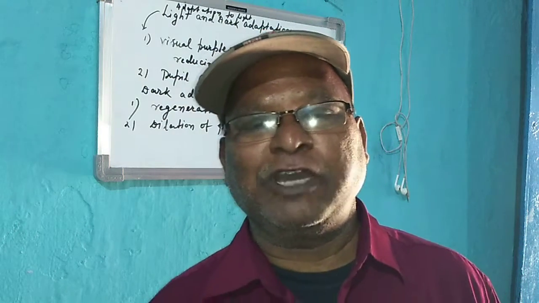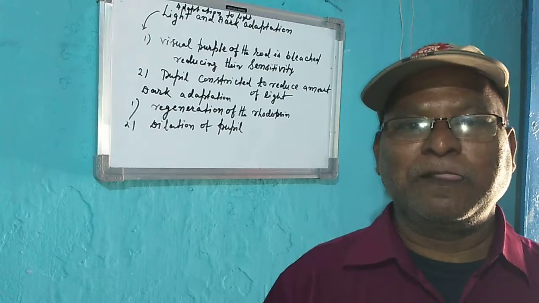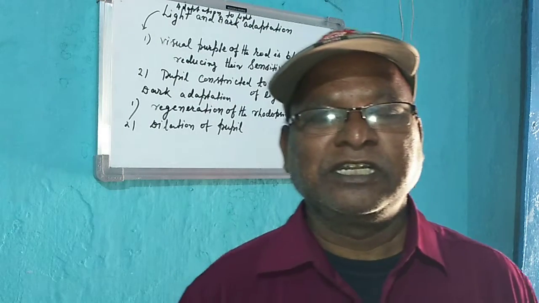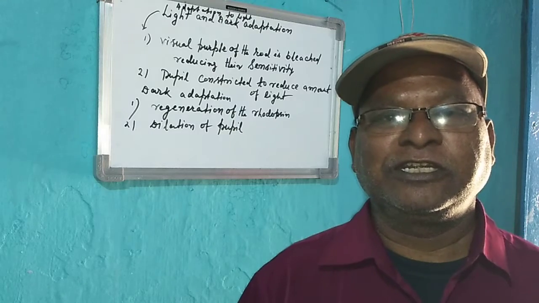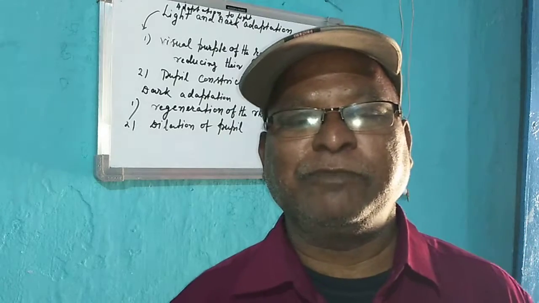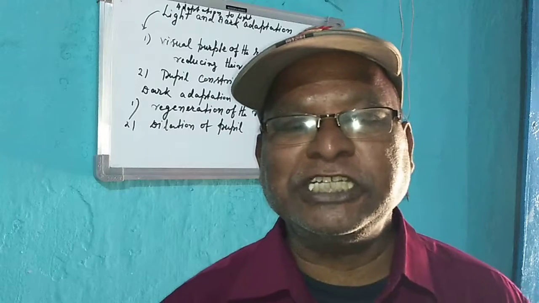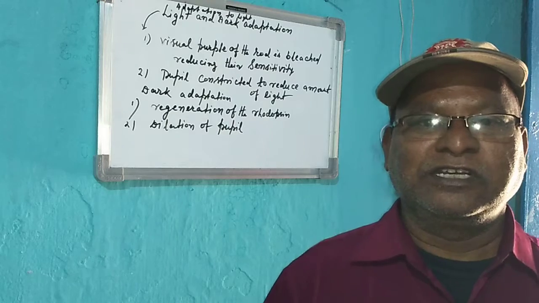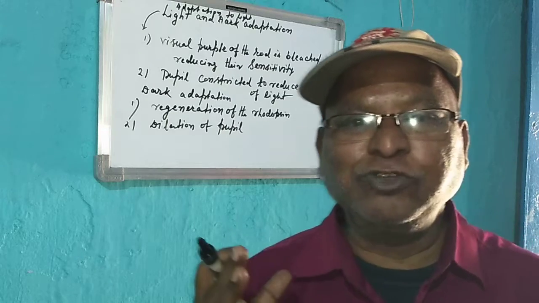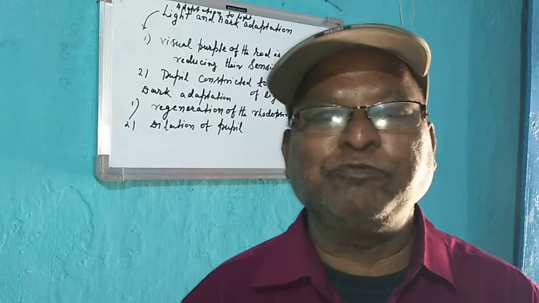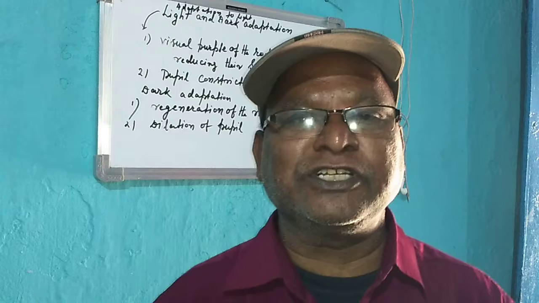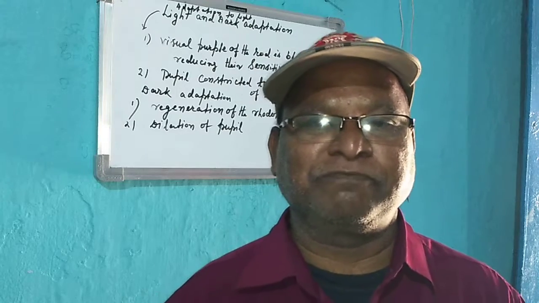After the noon show, while you are coming out of the cinema hall and moving to the brightly lighted area, you feel difficulty to see objects for a short time. You experience a dazzling effect for a short while, and soon after that the vision improves. This improvement of vision is known as light adaptation.